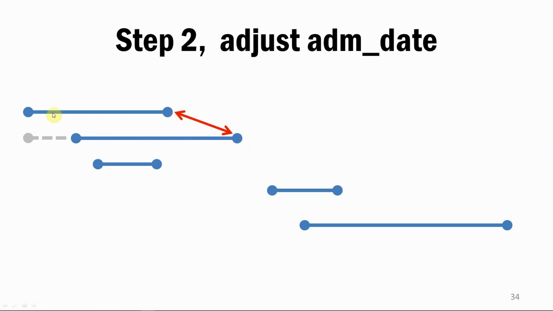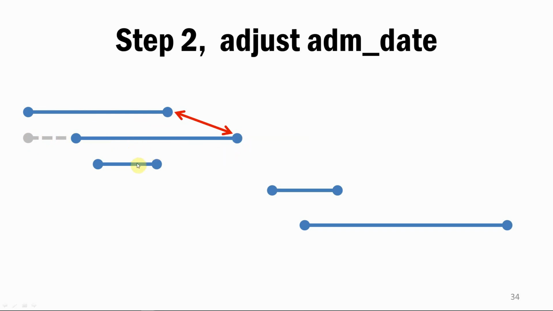So by looking at the first two records, we know that in the raw records, these two are overlapping with each other. Now with this change, the second record has the complete period from the earliest admission date to the latest discharge date, right?